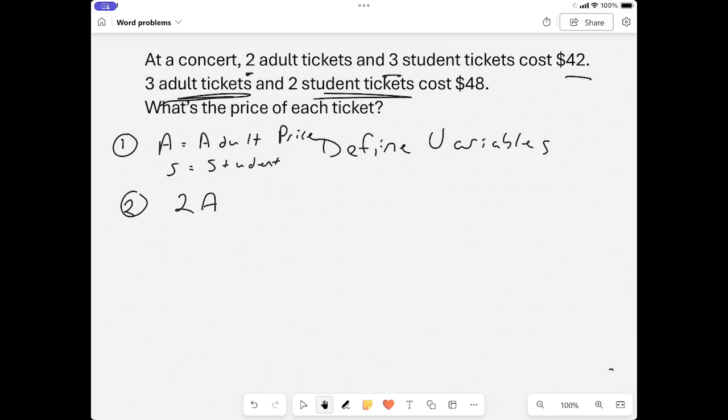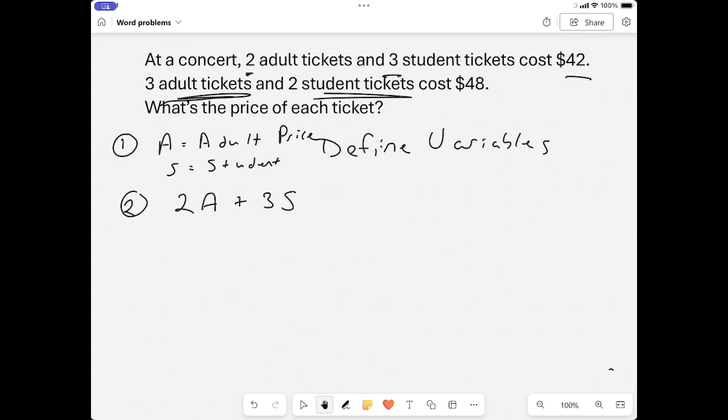If it's $20, 2 adult tickets is going to be 40, right? So now plus 3 times the student price. So if each student is $5, it's $15, right? And we're adding them together because it's all the students together, the cost of the students with the cost of the adults. They're going to be added together.